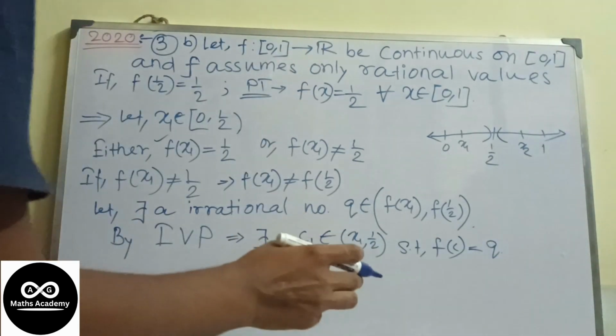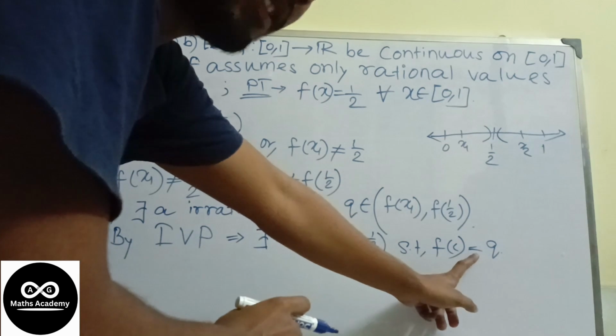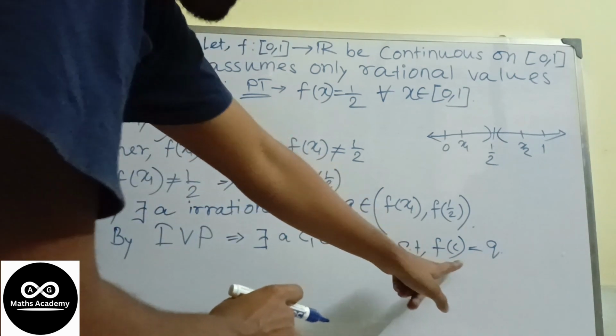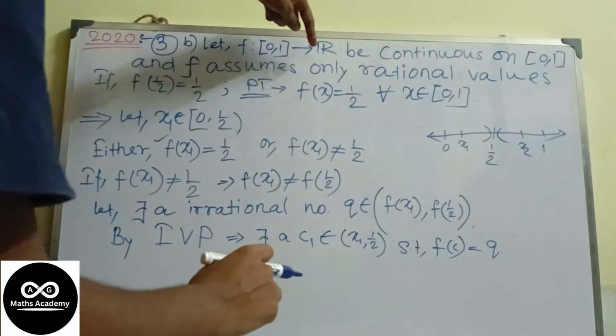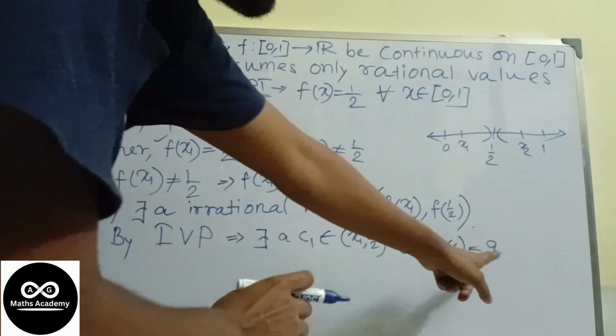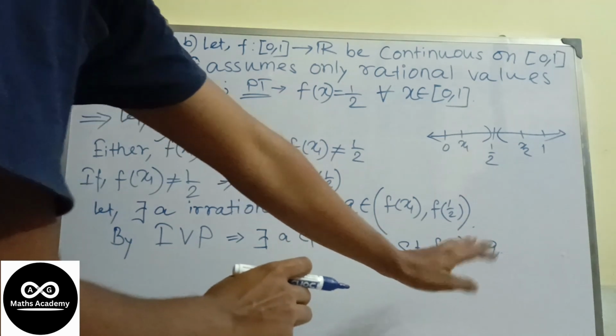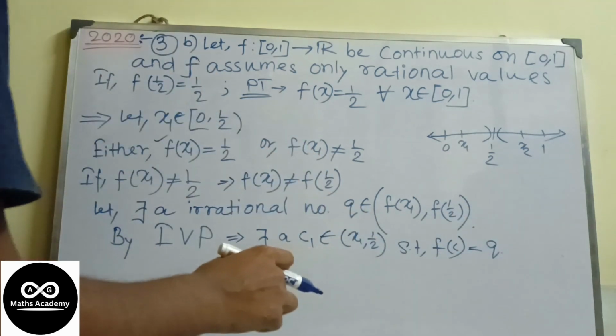But this cannot happen, as it contradicts the fact that f assumes only rational values, but q is irrational here. So this thing cannot happen.